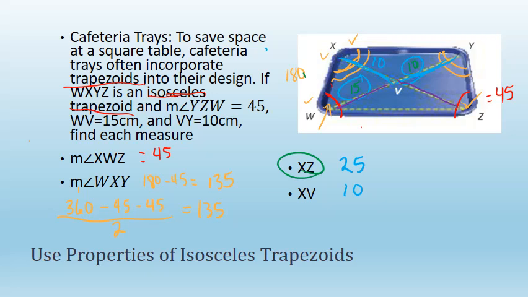And so there we go. We're using the properties of isosceles trapezoids to find measures of angles and line segments.